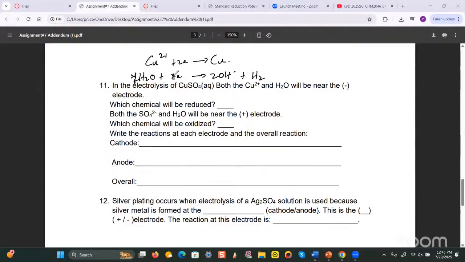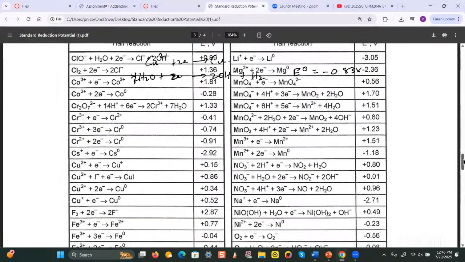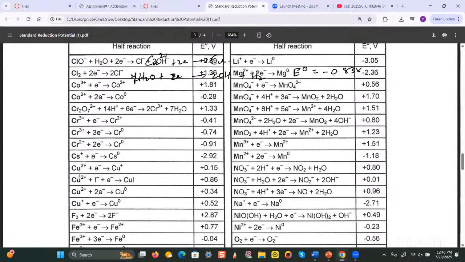All right. So what was the value again for the reduction of water? -0.83. Okay, and now we have to look up the value for the reduction of the copper 2 plus. So we have to go to the tables. Copper 2 plus plus 2 electrons.